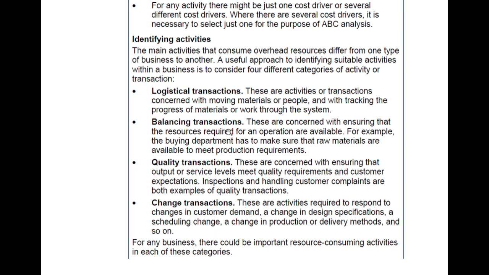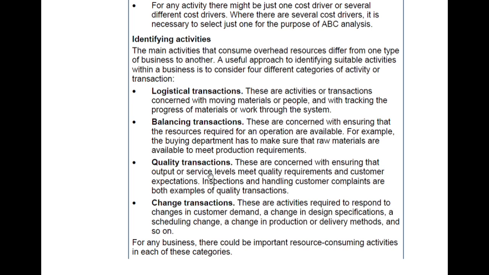Balancing transaction is concerned with the resources required for an operation. For example, buying department has to make sure that raw materials are available to meet production demands, so there is a balancing they have to maintain. Quality transaction is when you are maintaining your machinery, you are hiring people to inspect it, that comes under your quality transactions.